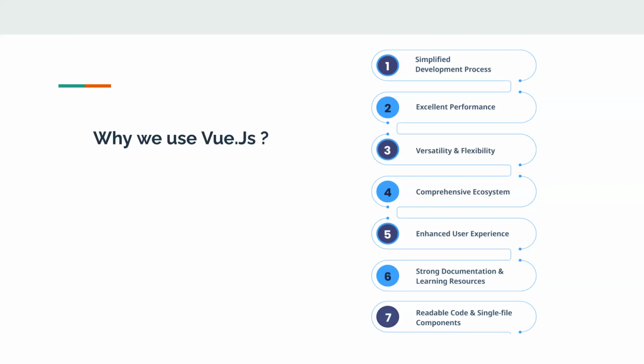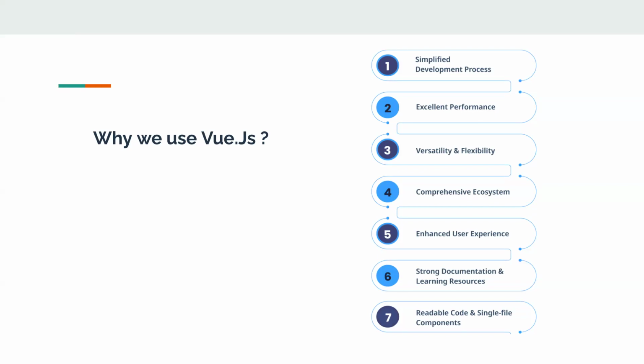Vue directives include v-bind, v-on, and so on, which we can use easily. And the sixth one is strong documentation and learning resources. I already told you that Vue.js has currently developed its latest version, V3, and they provide an entire set of documentation for that.